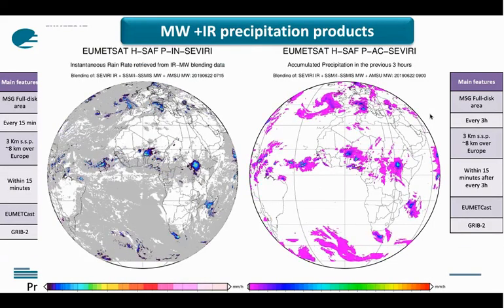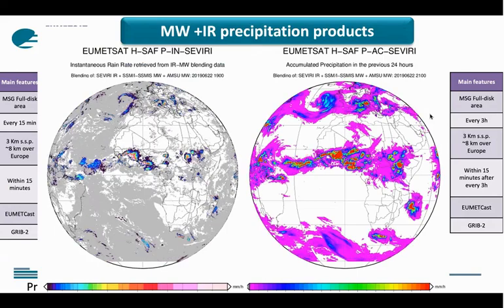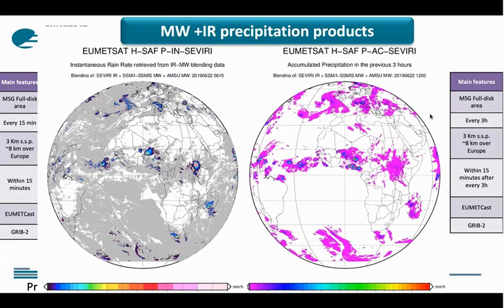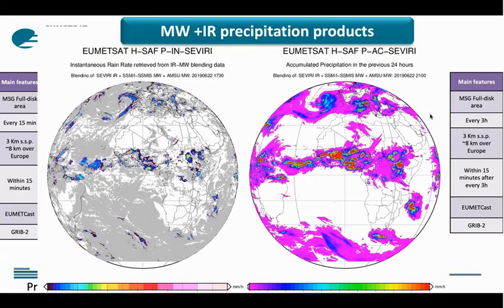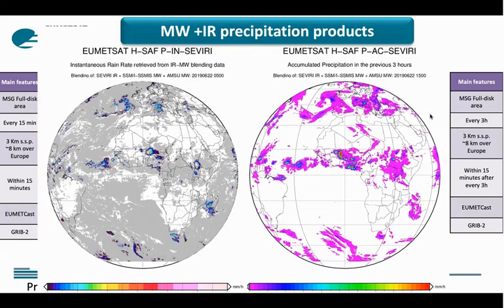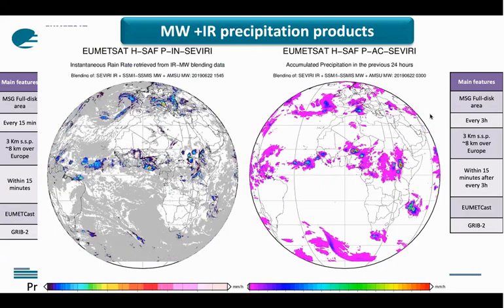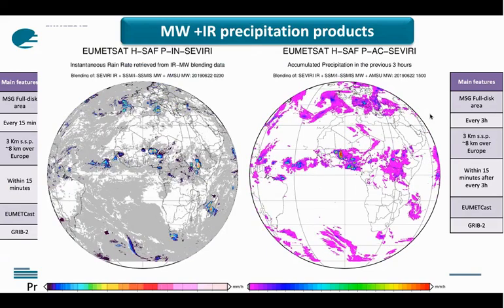We have also another category of product for precipitation. This is a blended precipitation product derived from microwave and infrared. It uses the precipitation estimated by microwave, as in the product that I showed before, and calibrates this precipitation using data coming from the Meteosat Second Generation infrared.